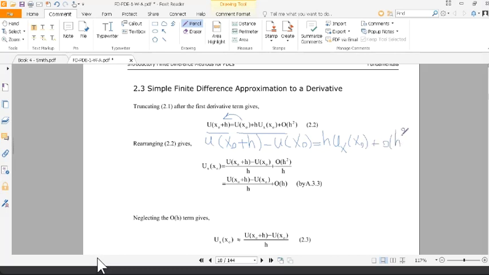Okay, is it okay? We only move u of x0 from right to left.